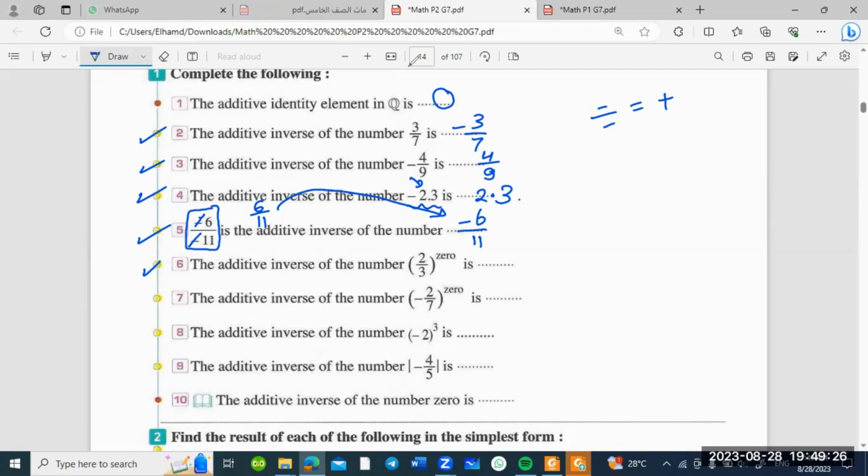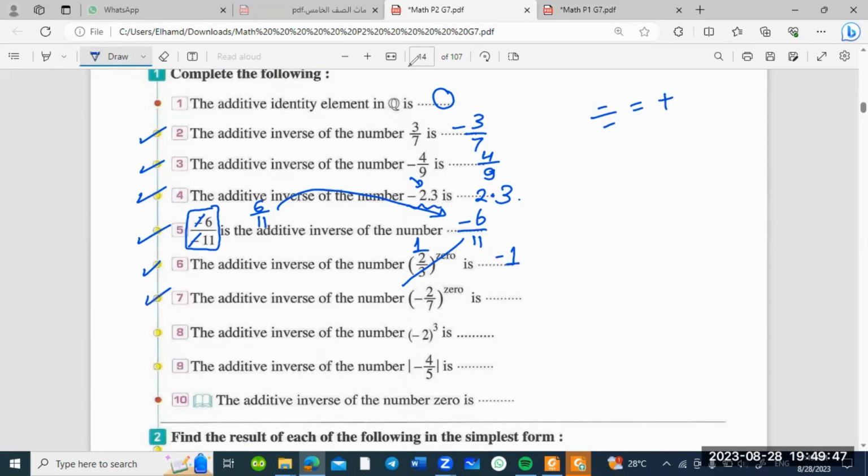Anything whose power is 0, its value is 1. So this is all equal to 1, so the additive inverse is -1. You must be careful and check your number: is it in the simplest form, or do I need to simplify it first and then find its additive inverse? Check that.